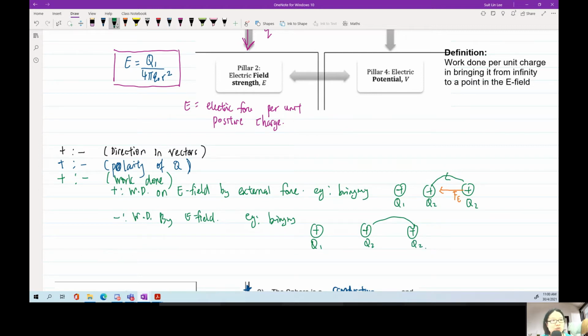The electric field will help you. The electric field is like, okay, I'm happy to push you away. This is the Fe. I'm just going to draw this to represent this Fe. And this one is the external force. You need an external force to bring Q2 closer, because the electric force of Q1 will naturally push Q2 away. So, work done on or by the field.